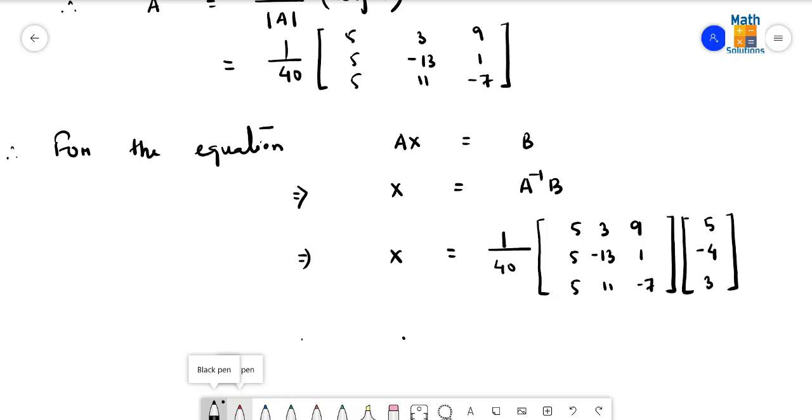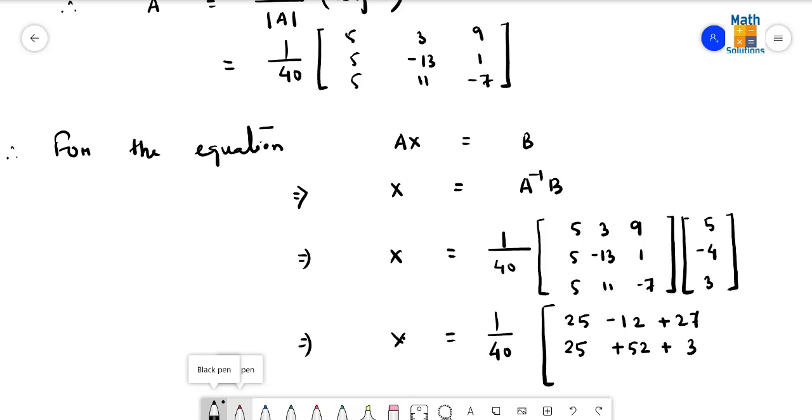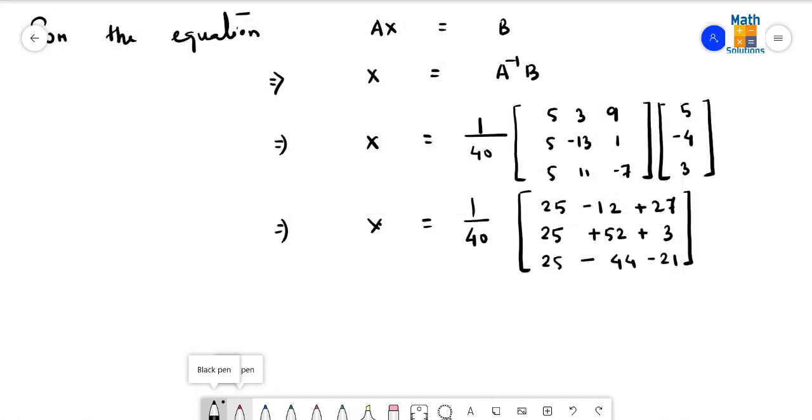So let us check here. X is equal to 1 by 40, then after multiplication we shall be getting 25 − 12 + 27, then 25 + 52 + 3, then 25 − 44 − 21. Now let's check what values we get here.